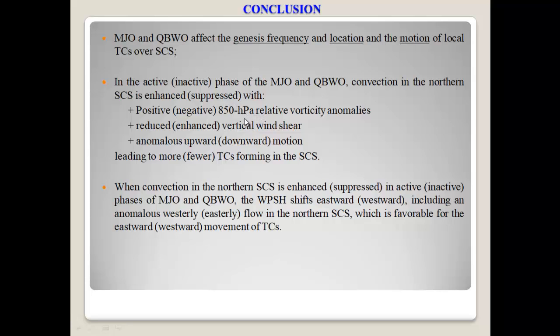The opposite condition holds for the inactive phase of both MJO and QBWO. And the final point is that MJO and QBWO strongly affect TC motion, particularly in the active phase of MJO and QBWO, when TCs tend to move eastward.